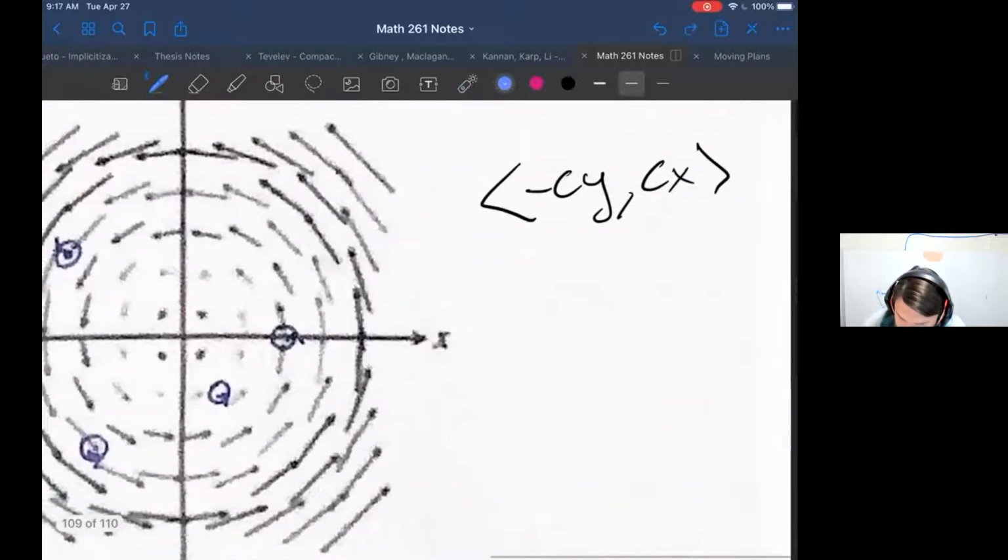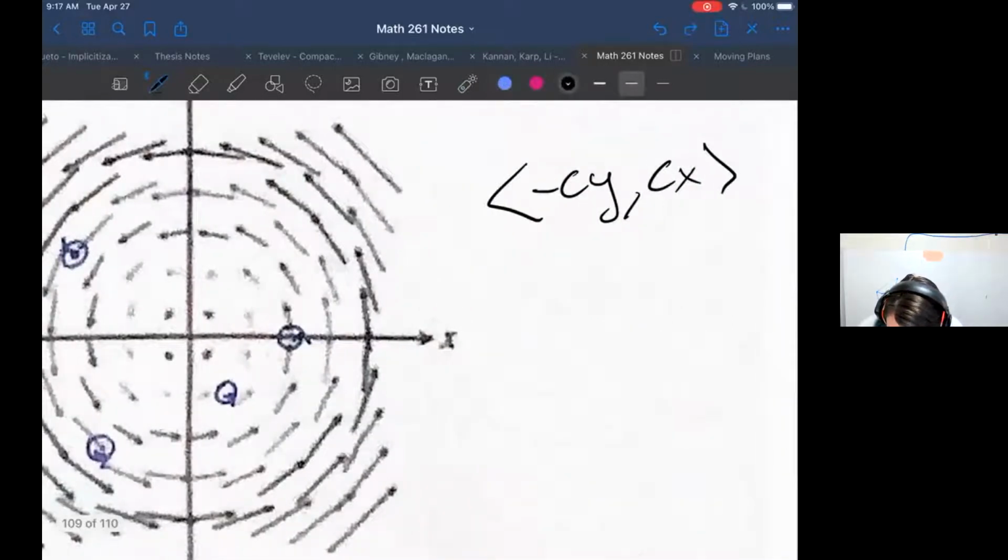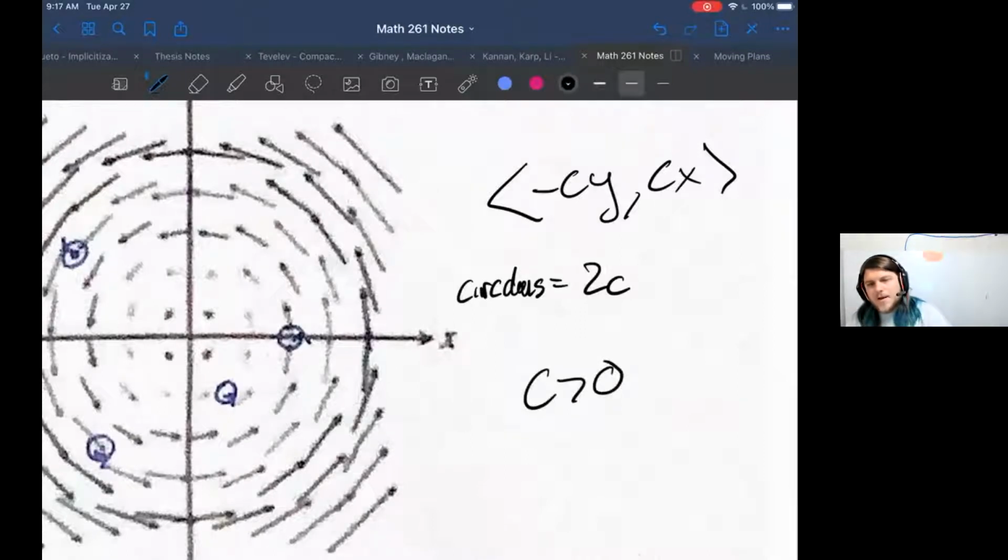So in this case, if we compute the circulation density, we have del n del x, which is a c, minus del m del y, which is also a c in this case. So we get 2c for this. What that means is for c greater than 0, we have a counterclockwise rotation. Let's look at one of these particles.